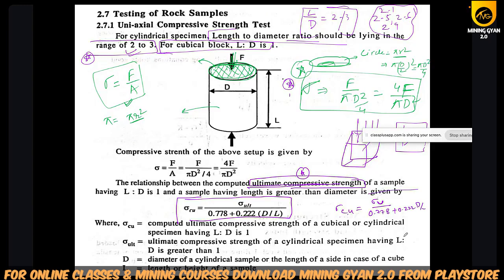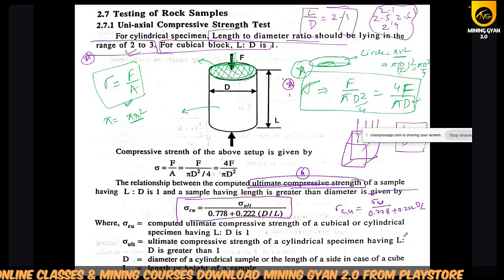I told you from the first day that rock mechanics is not tough, but it has many formulas you have to remember. So you cannot take it lightly, because these formulas take time.